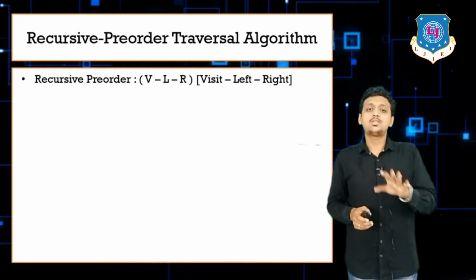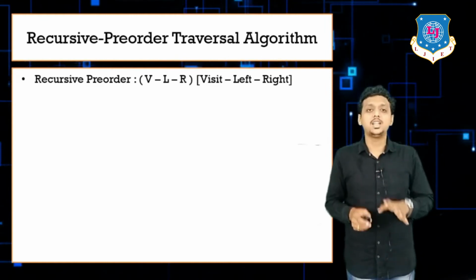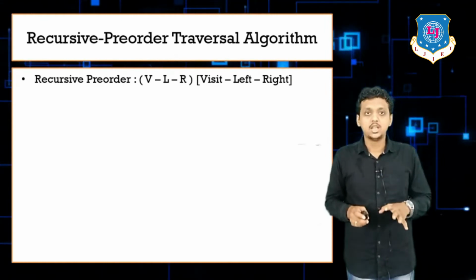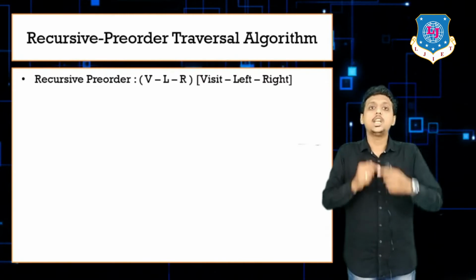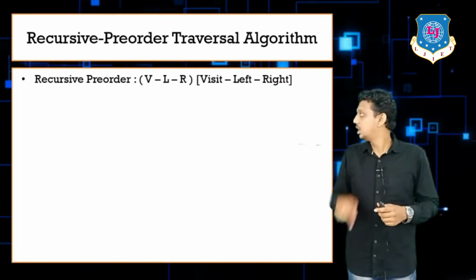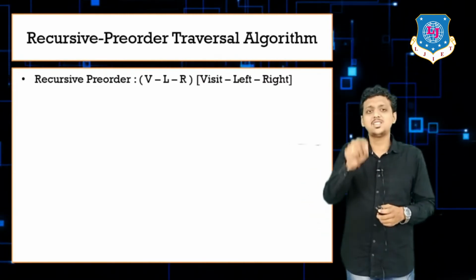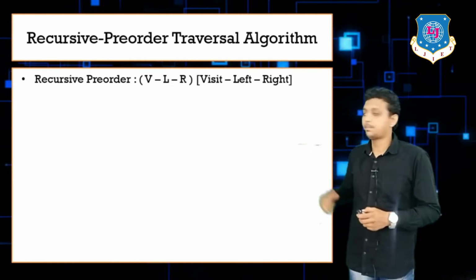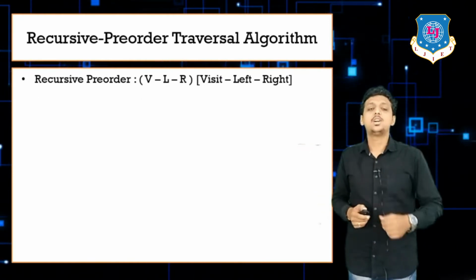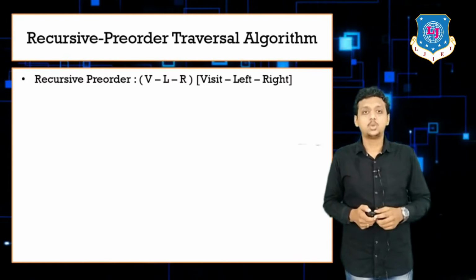Students, all these algorithms are recursive algorithms, that means a function calling itself. Today I'm going to show you how the recursion works for such algorithms. First, let's understand the algorithm.